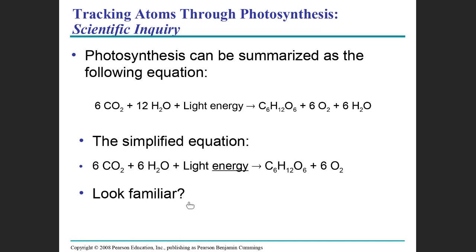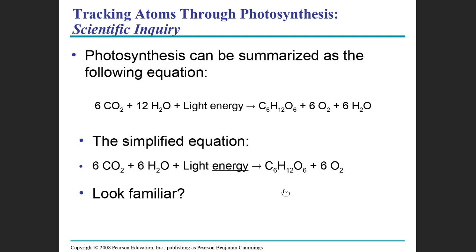Yes, it's the opposite of cellular respiration. Right, it's the opposite equation. In cell respiration, you go from right to left, right? Our glucose plus oxygen yields carbon dioxide, water, and energy, ATP and heat. Here, it's the opposite. CO2 and water plus light energy is used to make sugar and oxygen.